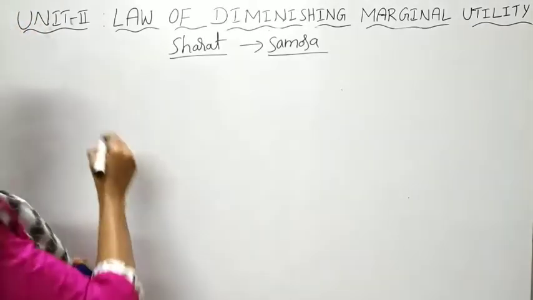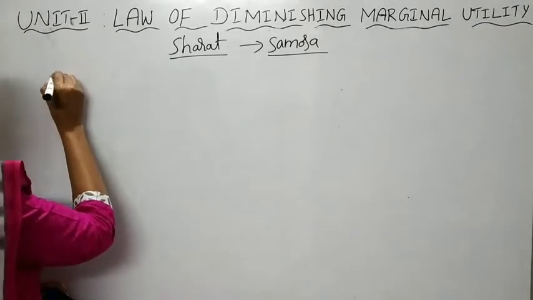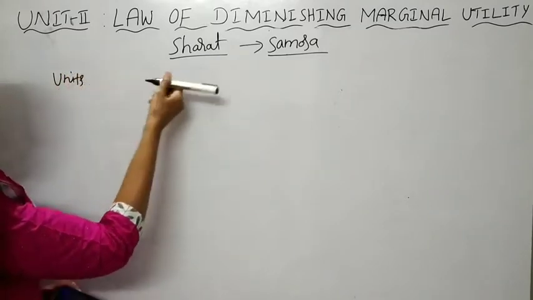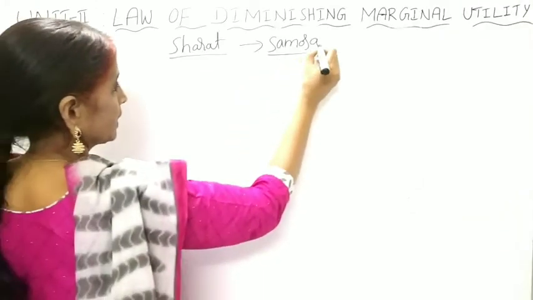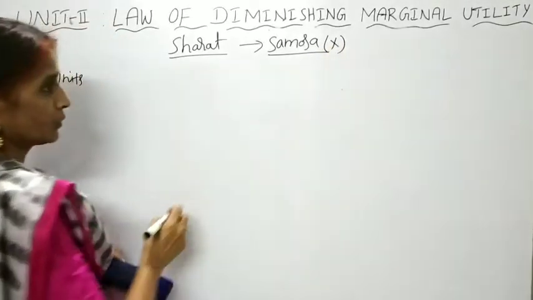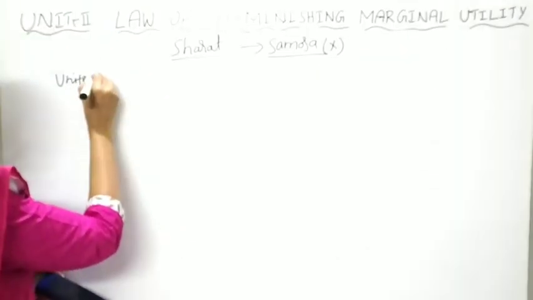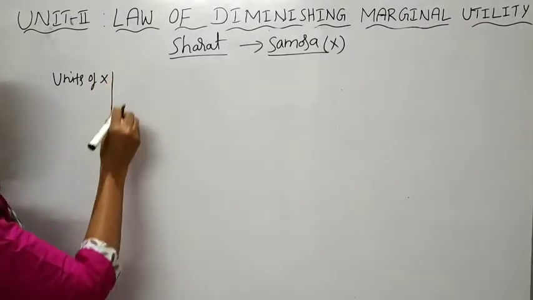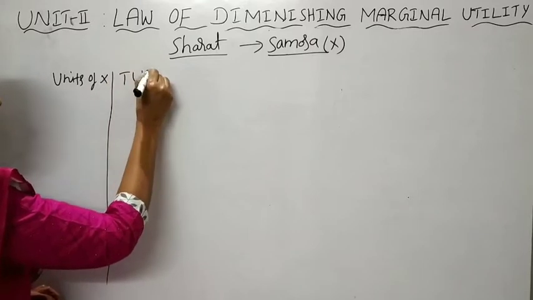First, in the table we have to show the units. So units of samosa, let me assume that samosa is indicated by X. So units of X. Next one, total utility.